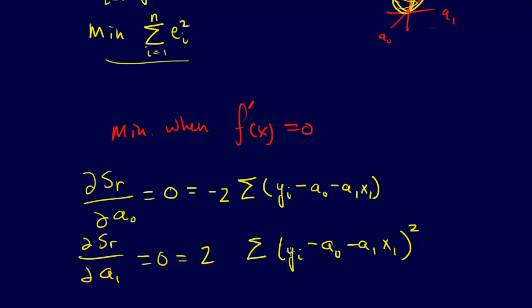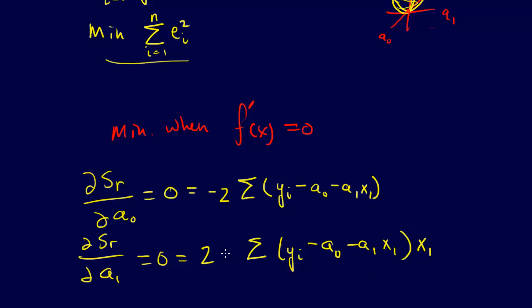This part's going to be 0, and this part's going to be 0, and of course the power goes away. The derivative of a1 xi with respect to a1 is just minus xi.